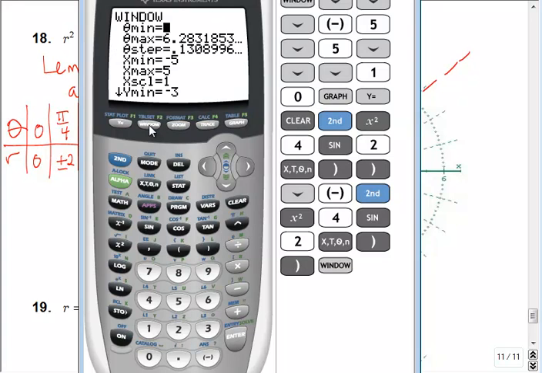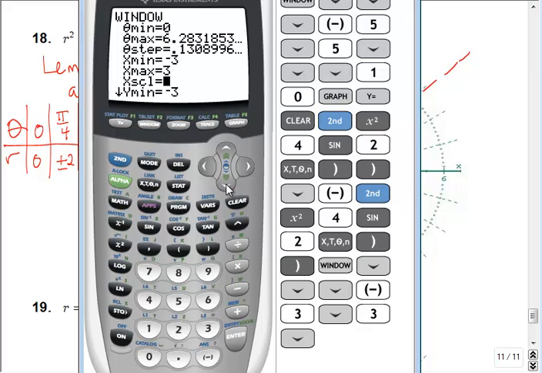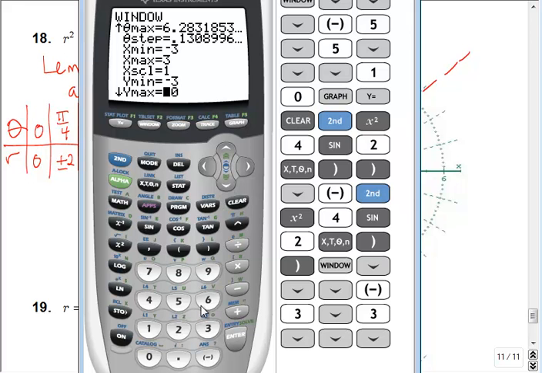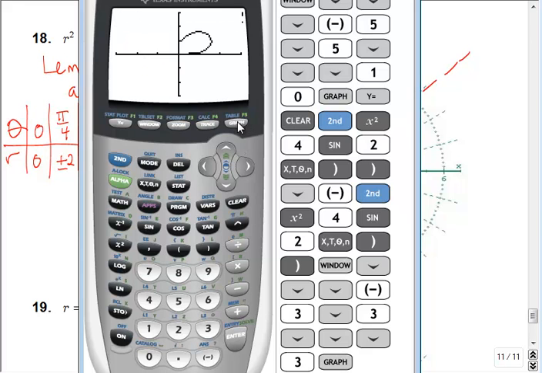And I'm going to adjust my window again. We know that our radius here is 2, that a value was 2, so I don't need my x's or my y's to be very big. So I'm going to change these back to -3 to 3 for the x's, and -3 to 3 for the y's as well. Now let's just go ahead and graph this first. Okay, so there's kind of our lemniscate.